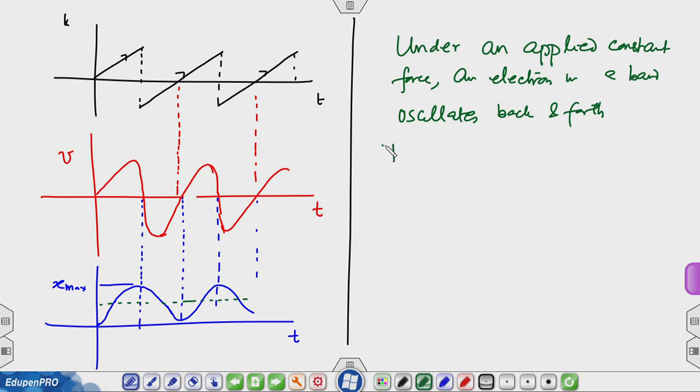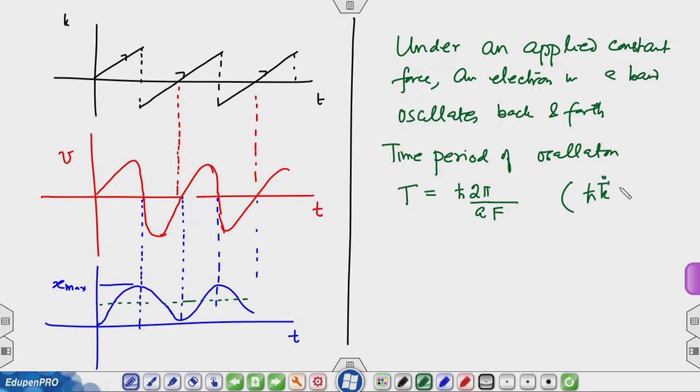Now, the time period of oscillation is going to be equal to, in this case, the k it changes is 2 pi by a, h cross over f is equal to T. Where does this come from? h cross k dot is equal to f.